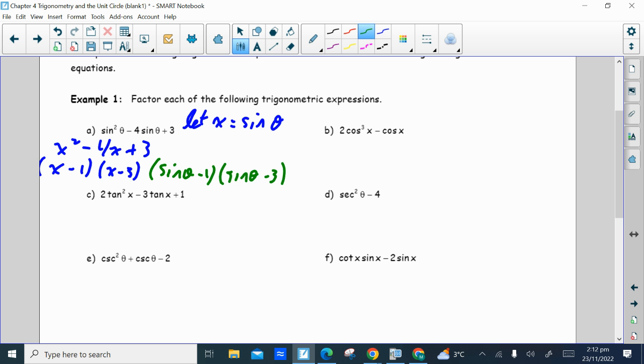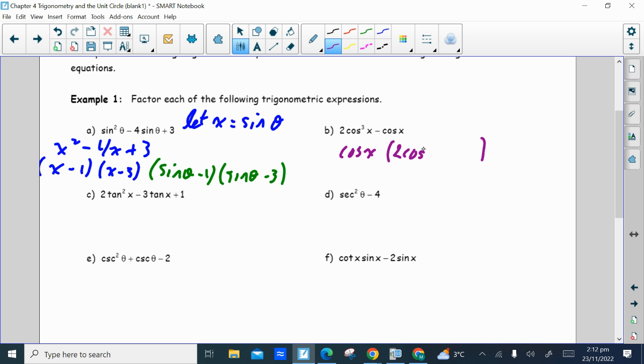Hopefully you can get to the point where you don't have to, but it's definitely something that you can use. Question B, in this case, there would be a common factor of cosine x. There's only 2 terms there, and both terms are divisible by cosine x. So to get what's inside the brackets, we divide each term by the cosine x.